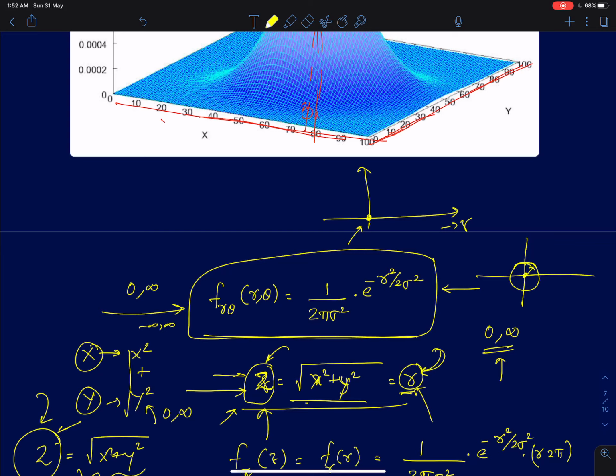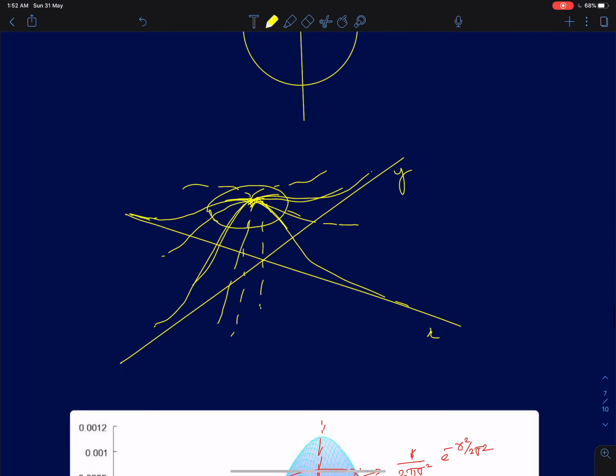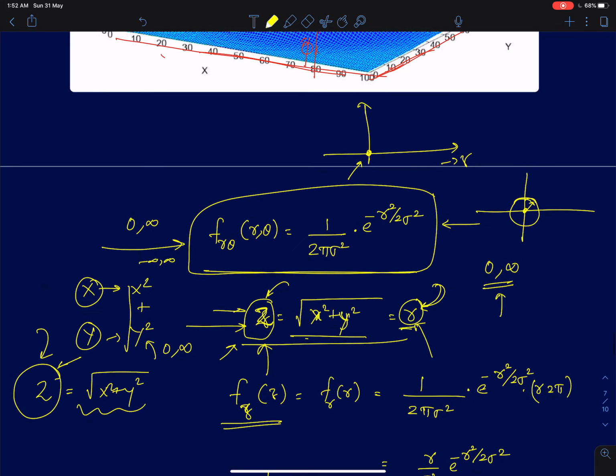Now as I increase the value of z, meaning I'm increasing the value of x and y, we can obviously see that there are more possible values of x and y for which I'm going to get a finite value of z. So we can say the probability is increasing.